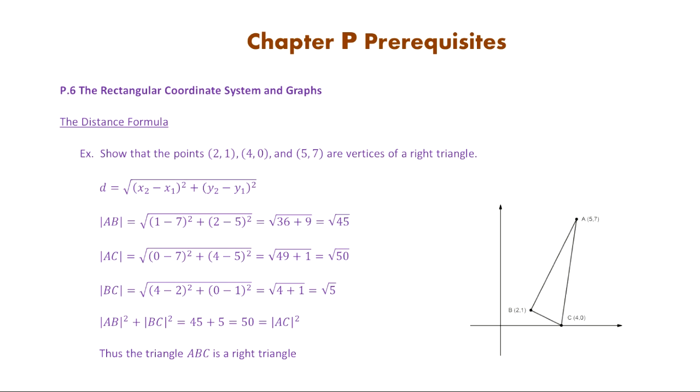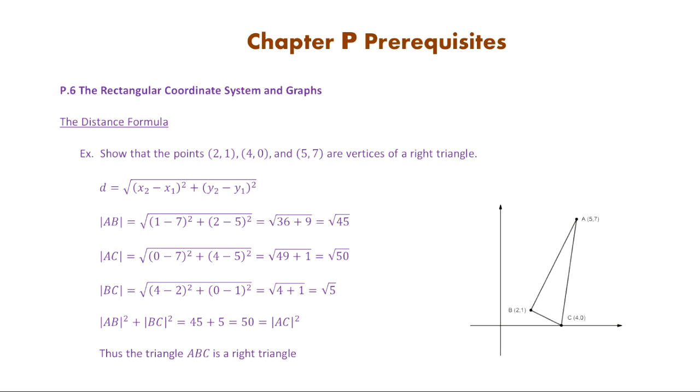So let's name the points with the coordinates, the vertices, A, B, C. So A will be (5, 7), B will be (2, 1), C will be (4, 0).